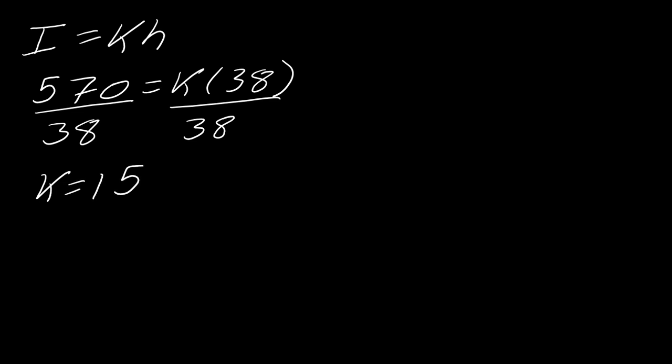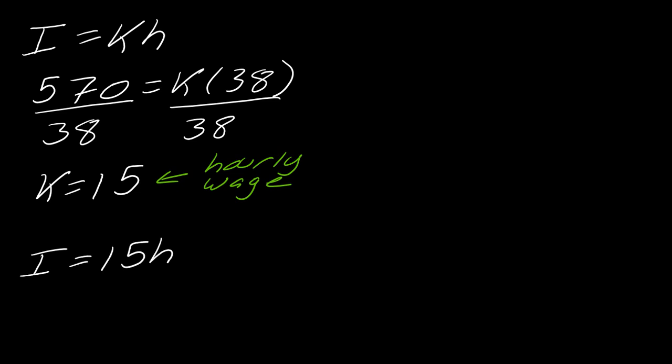So what does K actually represent then? In this case, it represents her hourly wage. So when you're working with word problems, usually K will have something that it represents in the problem. So this is her actual wage. So now I have income equals 15 times the amount of hours she works. So that makes sense, right?